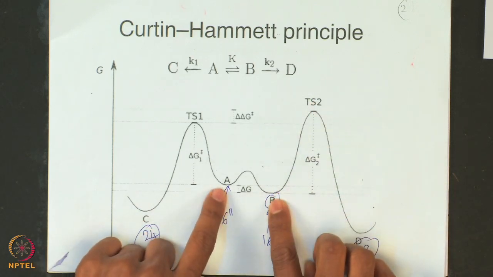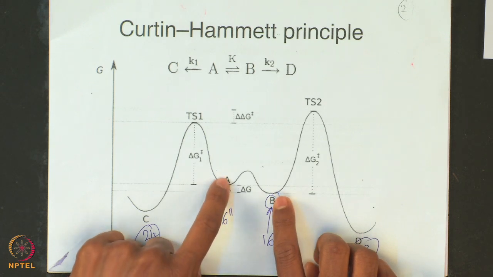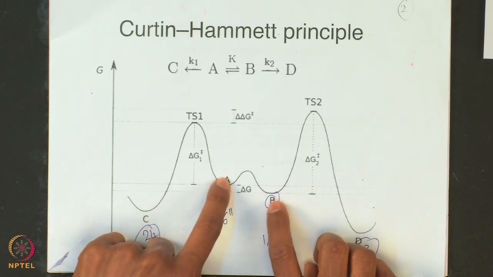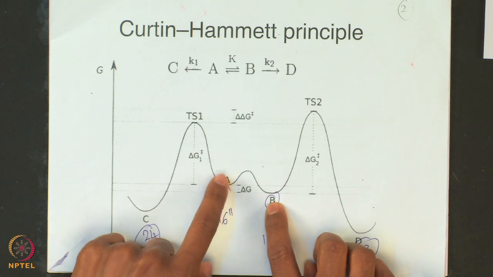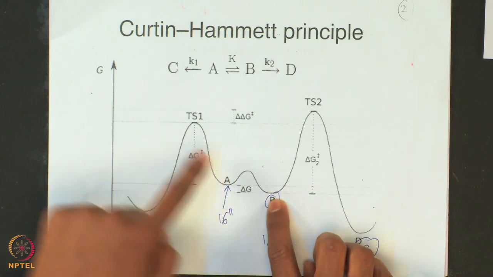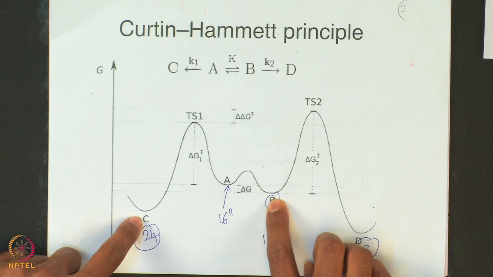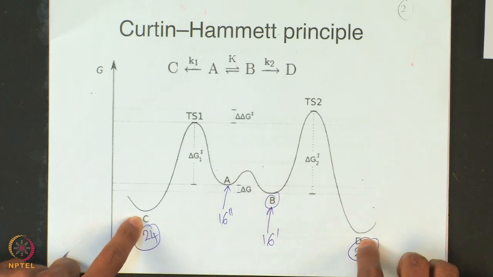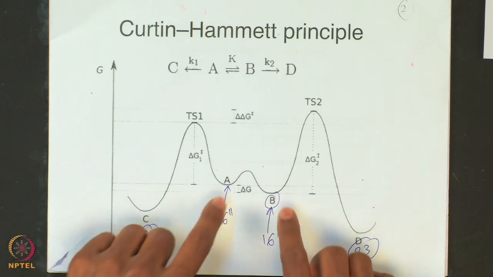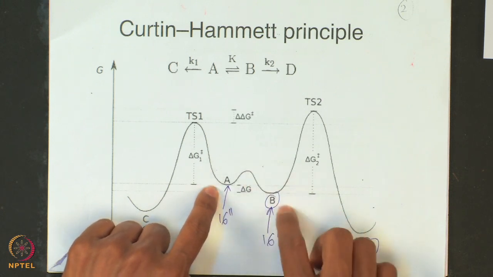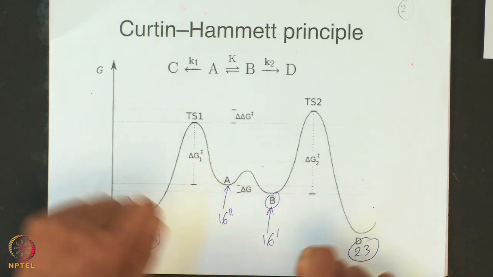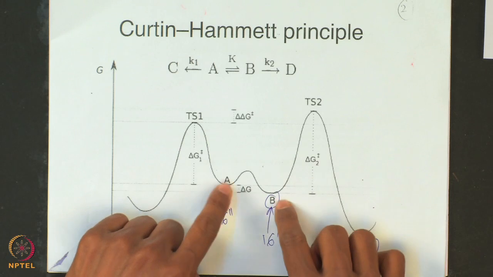So, in this reaction mixture, although A is having higher energy, B is having lower energy, overall the product formation is actually going to be C, not D. That is because if A and B are interconvertible, they can be formed in equilibrium.